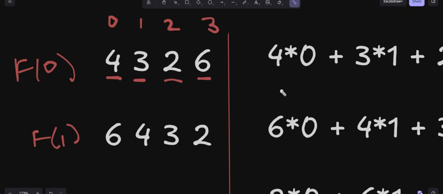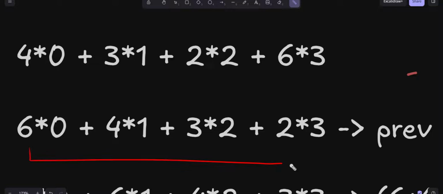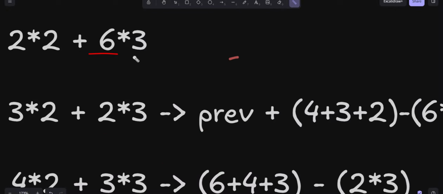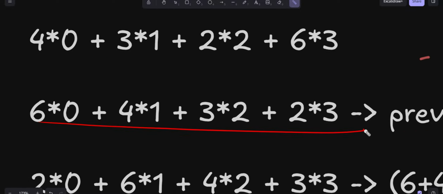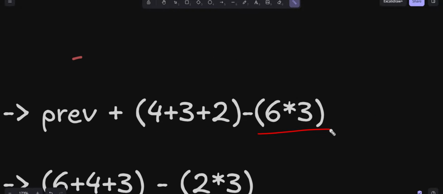Because the element that was at the last index is now at the zeroth index. So initially it was contributing 3 times, but now it's contributing 0 times. So we can write f of 1's value as previous, meaning f of 0's value, plus 4 plus 3 plus 2 minus 6 times 3.